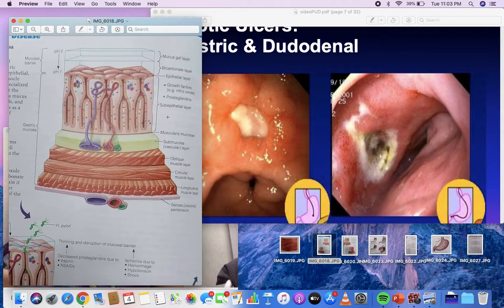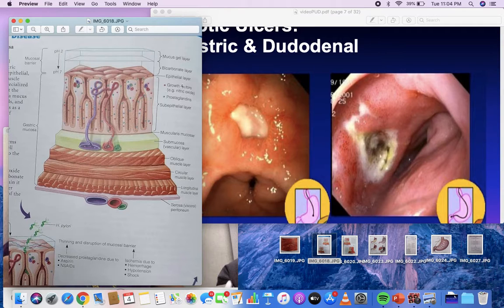Specialized mucous cells throughout the gastric mucosa produce mucus, a mixture of water, lipids, and glycoproteins that serves as a barrier to the diffusion of ions. A thin layer of bicarbonate is secreted by surface epithelial cells here.